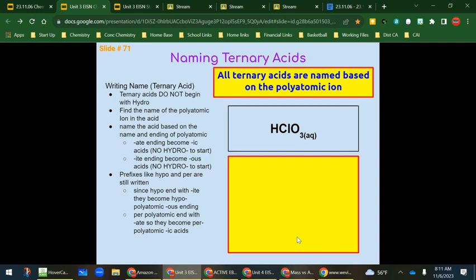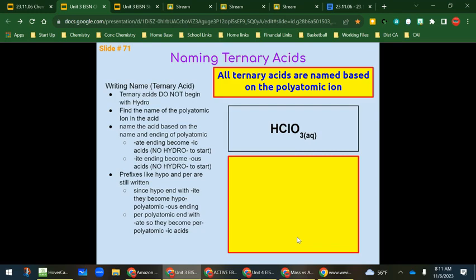So that is the entire naming system. If it is an ATE ending, it becomes an ic acid. So this is chlorate. That becomes chloric acid. That's it. Chloric acid. If your ending is an ITE, it will become an OUS ending.